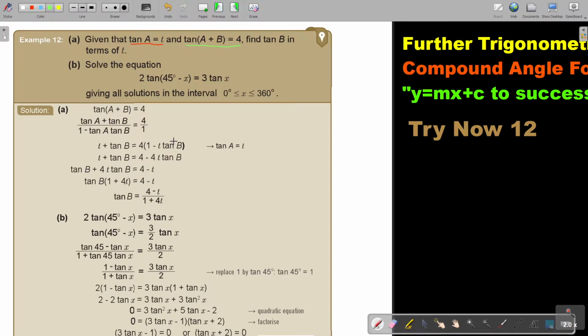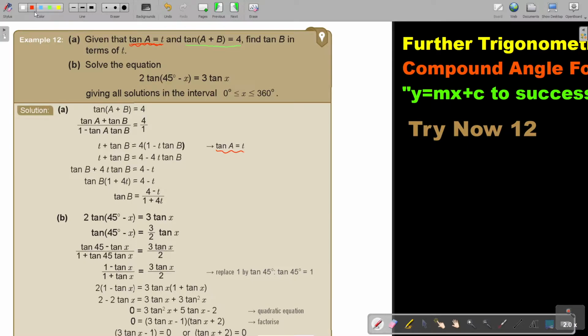Okay, but now I come to this red part, which I showed you here. Every time I see tan A, do you see there was a tan A? I could have actually put this step first in. Let me just write it in, just for the video's sake.